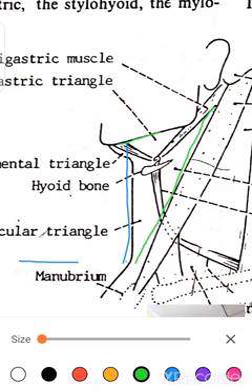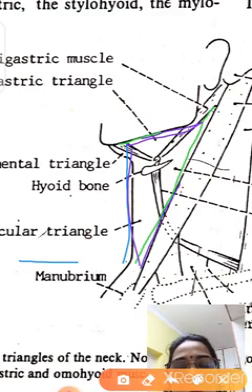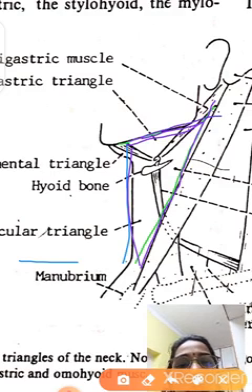So this is your base of the mandible. Okay, so anteriorly by the median plane, posteriorly by the anterior border of the sternocleidomastoid, and superiorly by the base of the mandible.